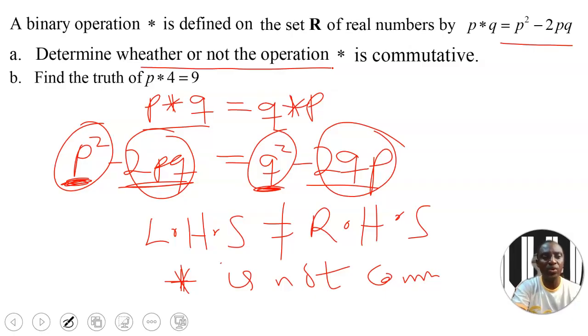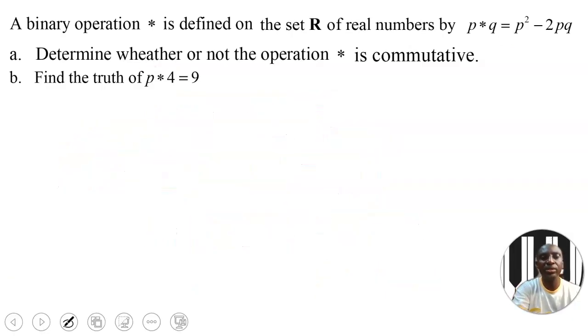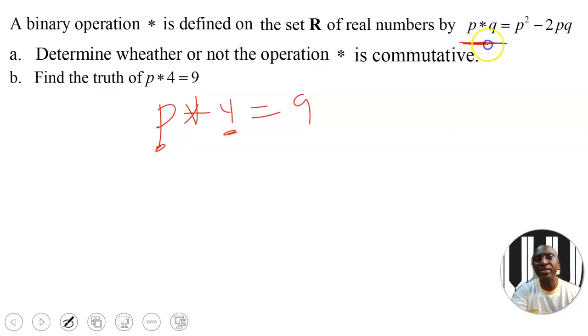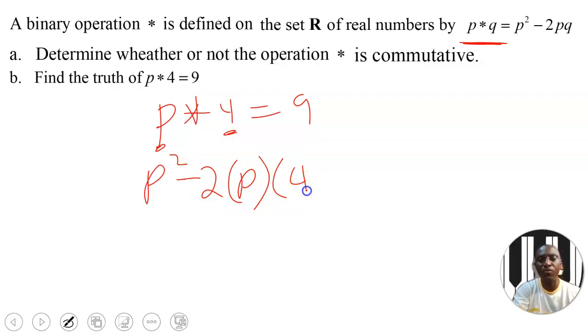Then the second part of the question is this. They want you to do P star 4 equals 9. So what is P star 4? By definition, P comes first, 4 comes second. And so P squared minus 2 times P times 4 should be equal to 9.